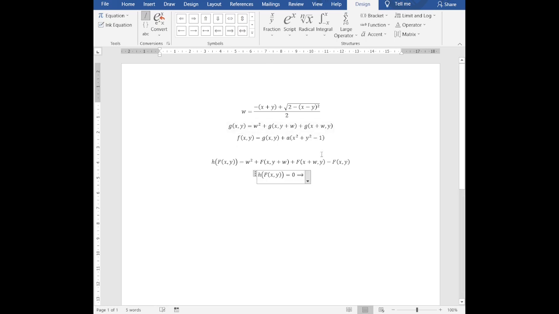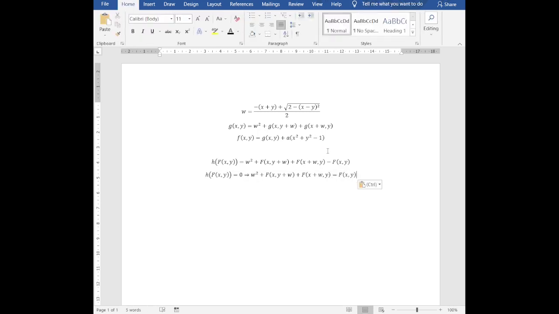It did say long double arrow. That's more like it. That implies that this is equal to 0, which in turn implies this is the case. Therefore, if we find some function such that h of that function is equal to 0, that implies that that function satisfies our conditions given above.